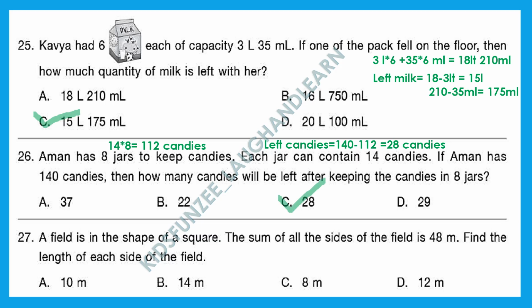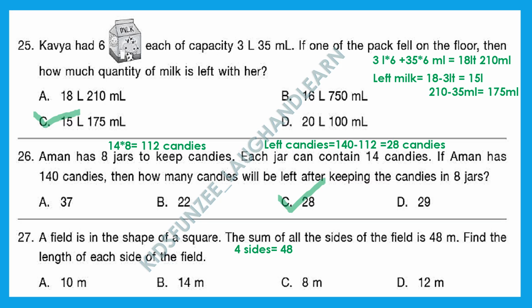Question 27. A field is in the shape of a square. The sum of all the sides of the field is 48 m. Find the length of each side of the field. Okay, how do we do that? A square has how many sides? 4 sides. That means 4 sides are equal to 48. Correct?